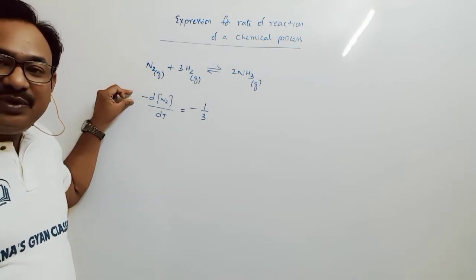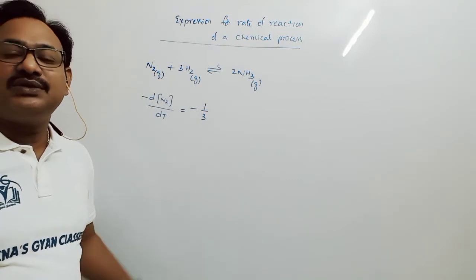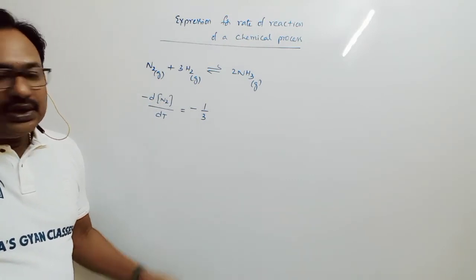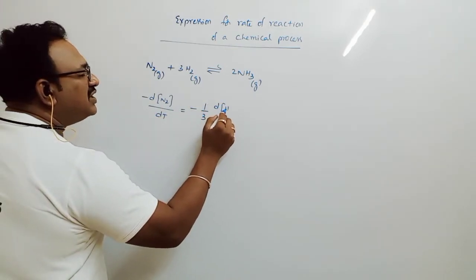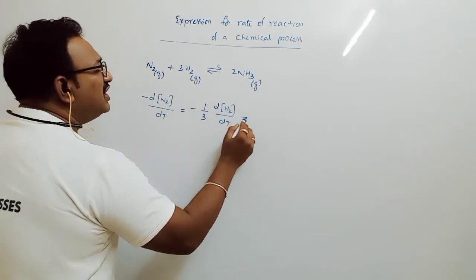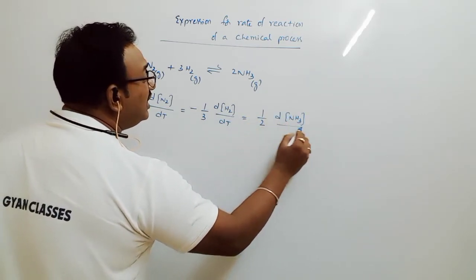The disappearance of nitrogen is equal to 1/3 of the disappearance of hydrogen. That's why the minus indicates the disappearance. Minus d concentration of H2 by dt is equal to 1 by 2 d concentration of NH3 by dt.